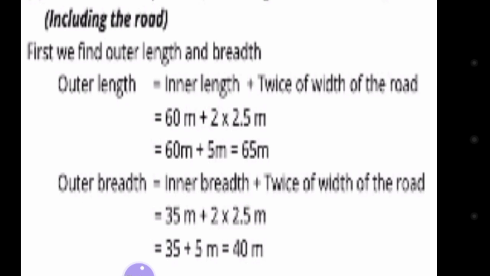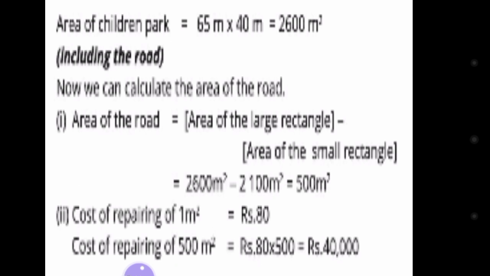When we add 35 plus 5, we get 40 meter. That is the outer breadth. The outer length is 65 and the outer breadth is 40 meter.